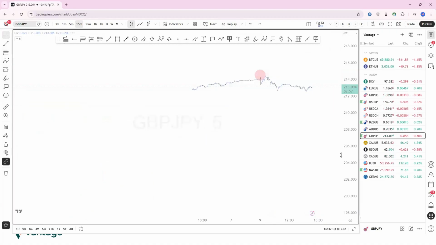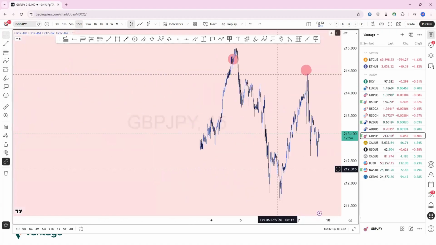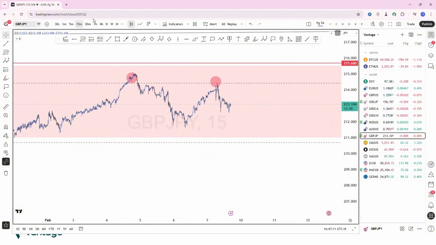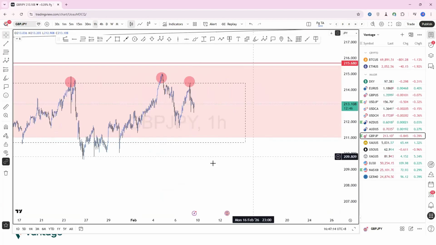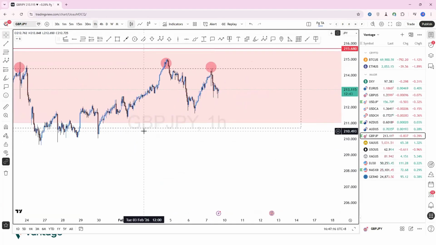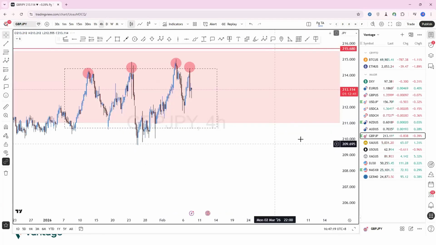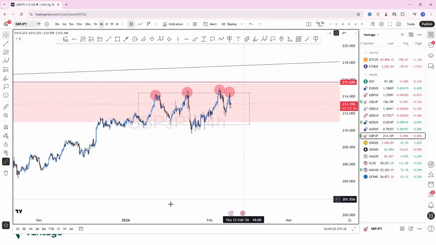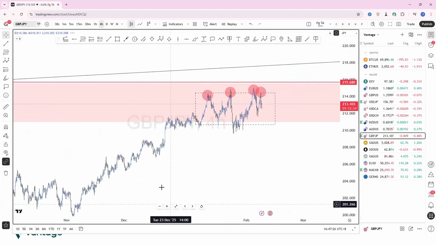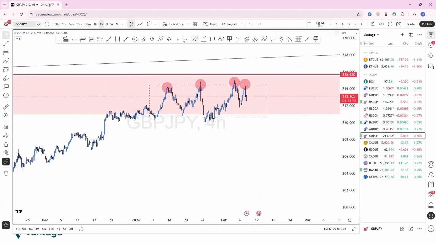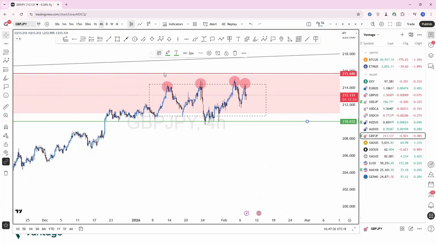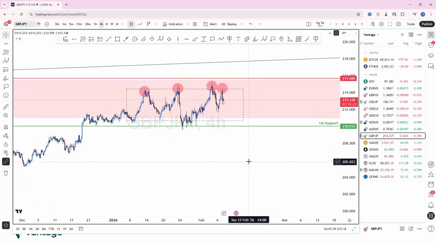We go to the M5, M15. The support level I'm gonna put at this like multi swing for support.